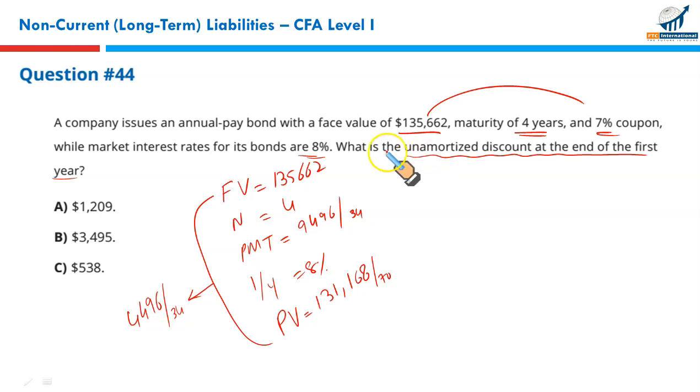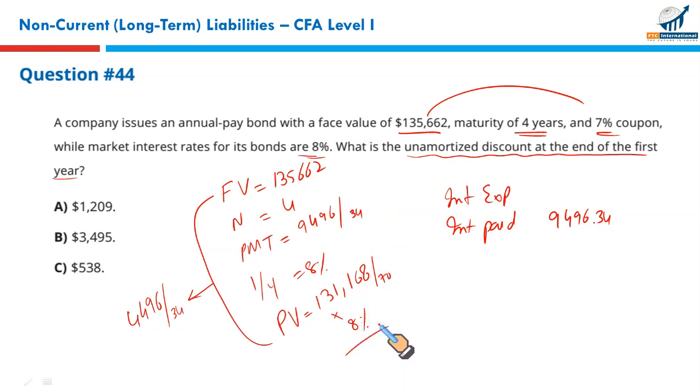we need to calculate what is the unamortized discount at the end of the first year. Interest expense versus interest paid. This is the interest paid, 9,496.34, and interest expense would be the present value multiplied by the effective rate, which we are using for calculating the present value, that's 8%.